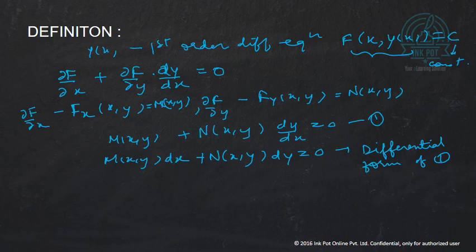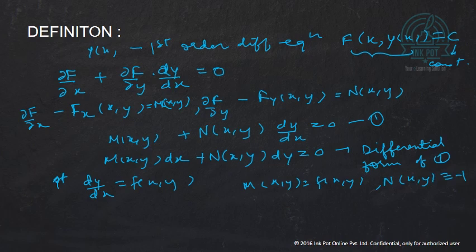Now a general differential equation, say y' = dy/dx = f(x, y), can be written in this form by taking M(x, y) = f(x, y) and N(x, y) = -1.